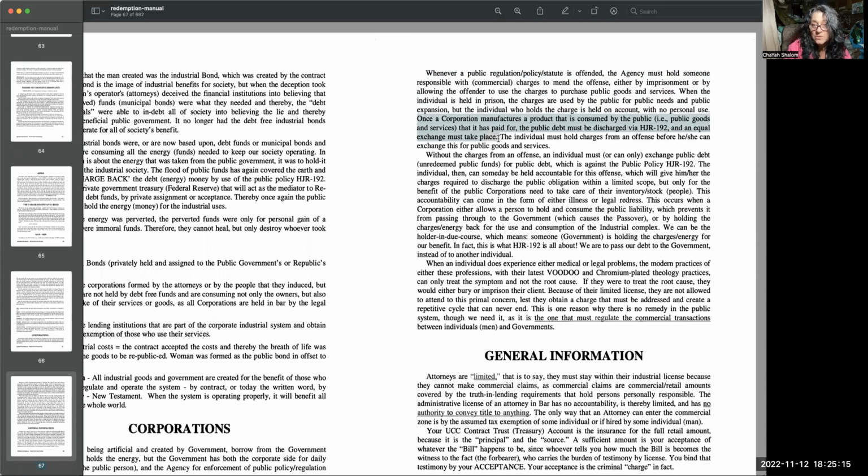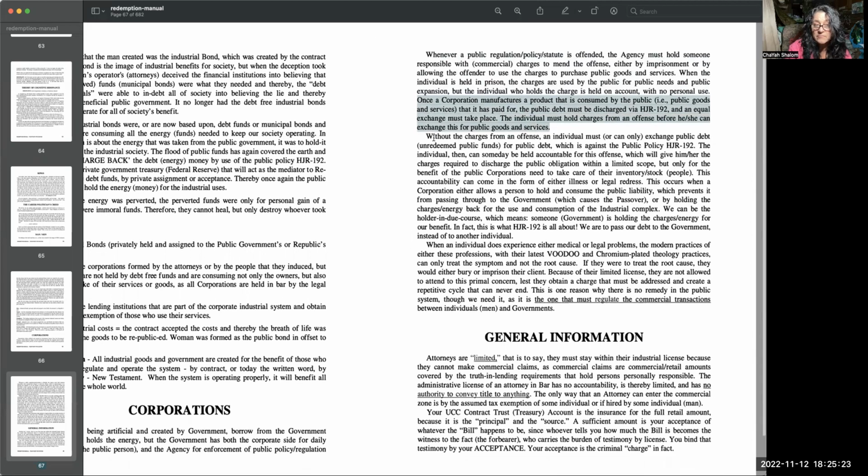The individual must hold charges from an offense before he or she can exchange this for public goods and services. Without the charges from an offense, an individual must or can only exchange public debt, unredeemed public funds, for public debt, which is against the public policy HJR 192.